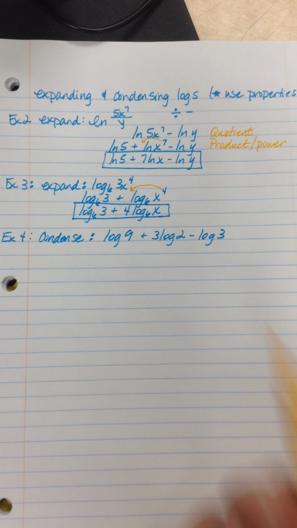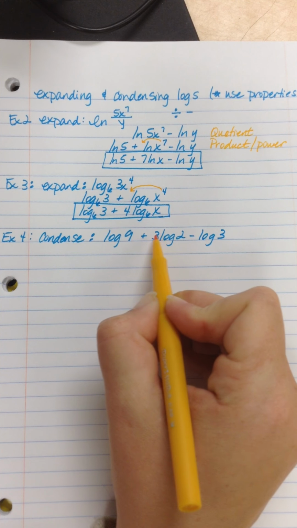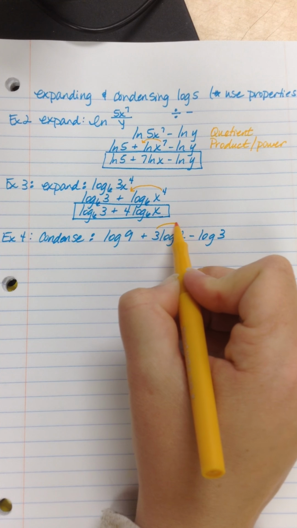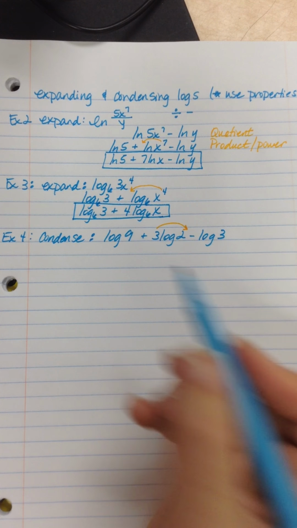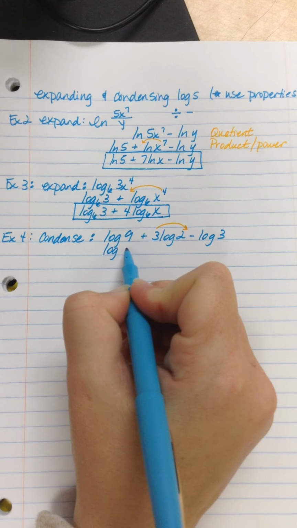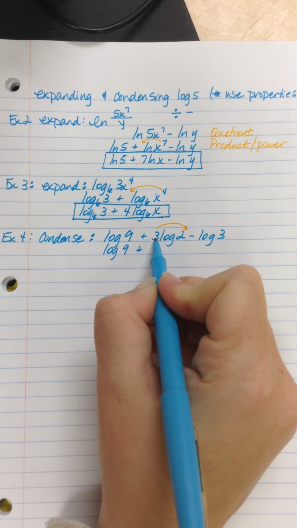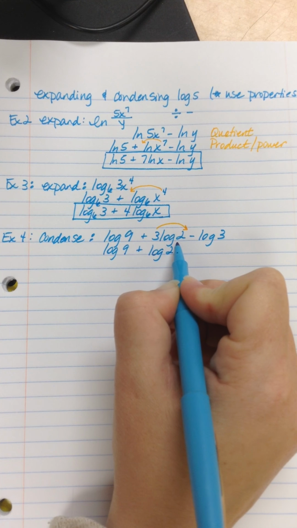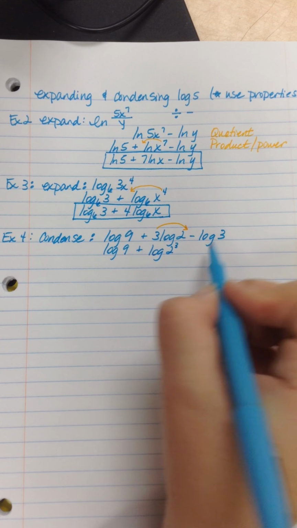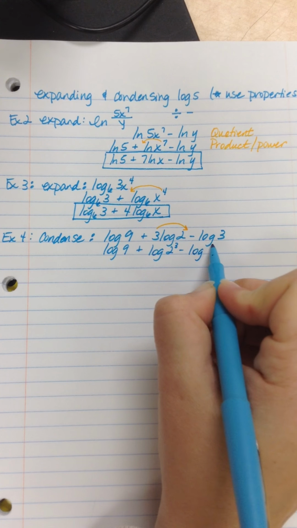Okay, very first thing that we see is that we have a 3 in front. We know that this 3 can be moved back to the exponent. So my log of 9 is going to stay. I'm only going to fix the 3 at this point, so I have log of 2 cubed minus log of 3.